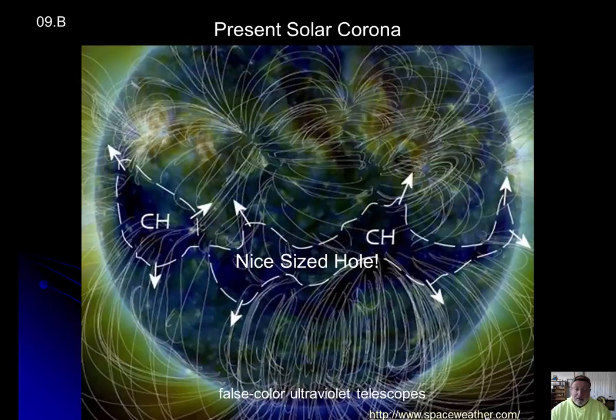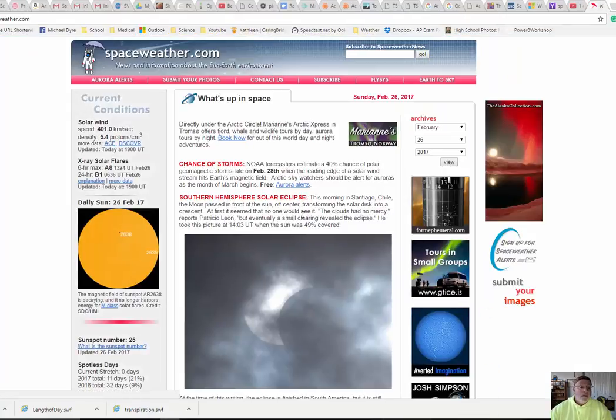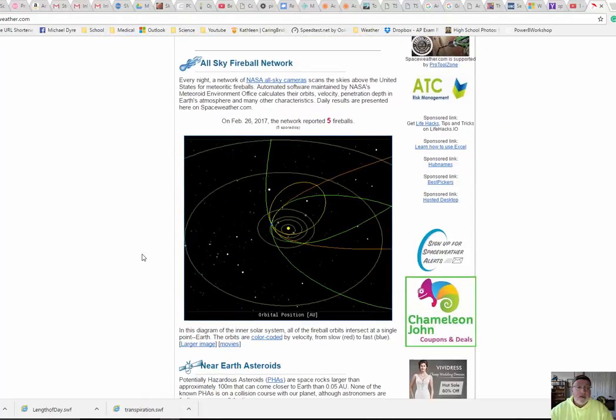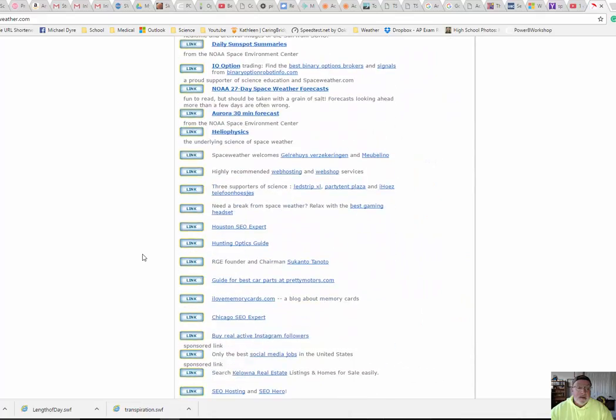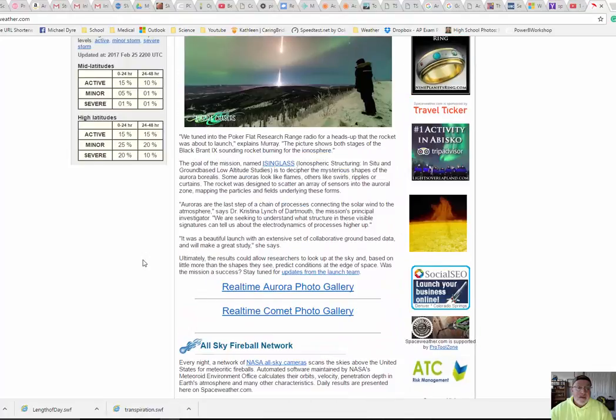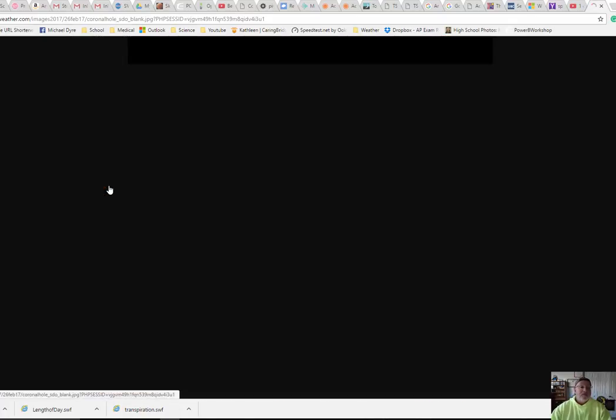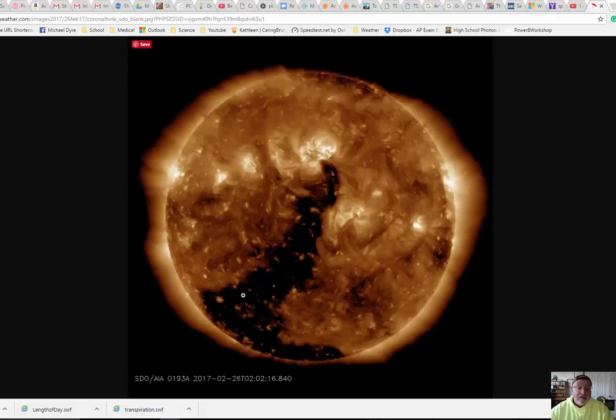So let me just see if I can open up space weather. Okay, and here's the picture. If we go down a little ways, and I missed it. Where's the coronal hole? Okay, so here's what the coronal hole looks like today. And you can see that instead of going equatorially, it's going sort of in a polar area, but it's still facing the Earth.